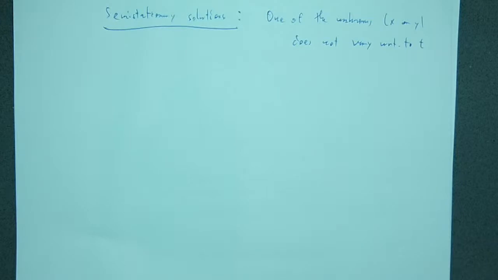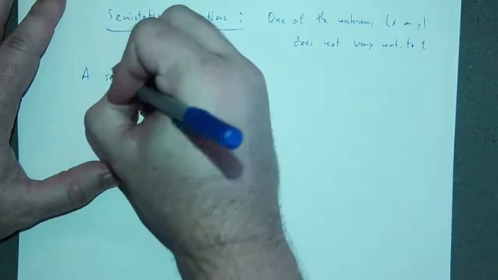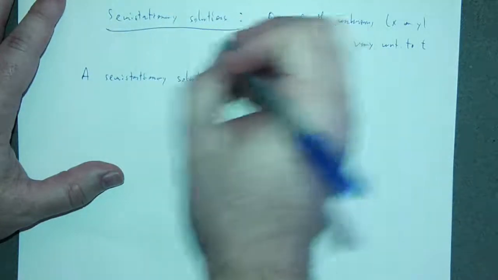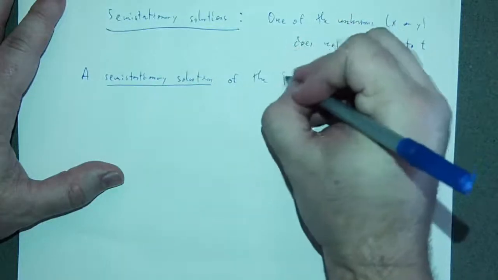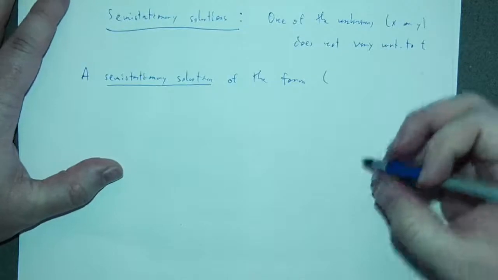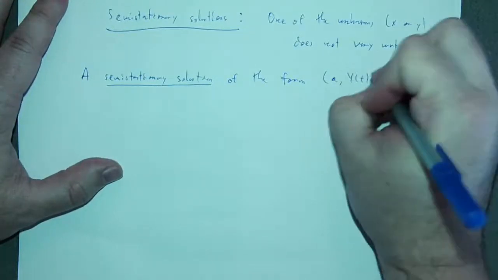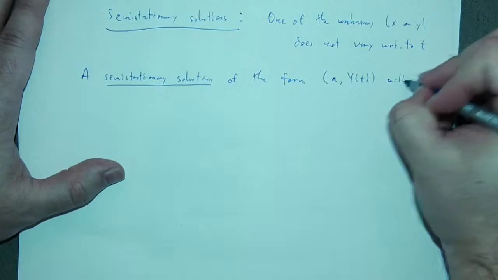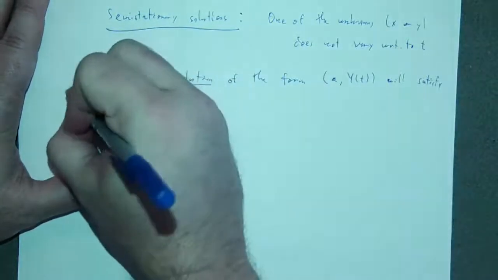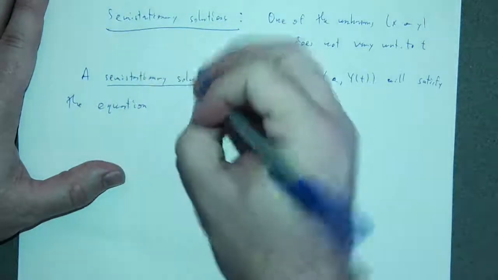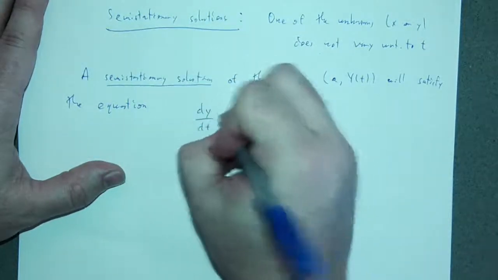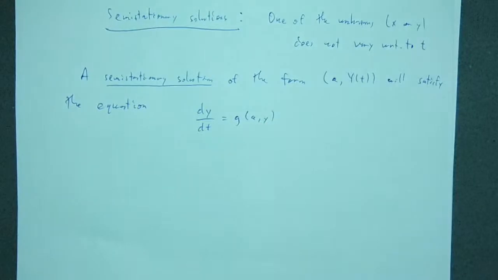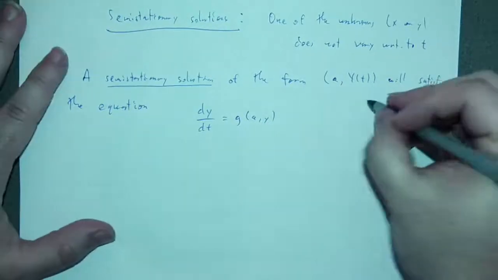So a semi-stationary solution of the form y of t equals a will satisfy the equation dy/dt is equal to g of (a, y), where x equals a is a constant.